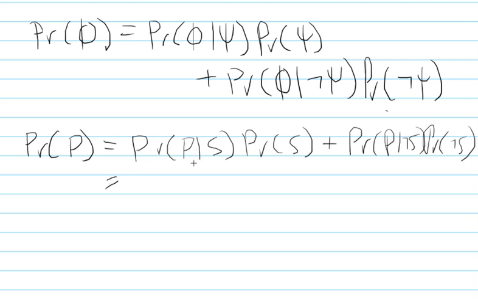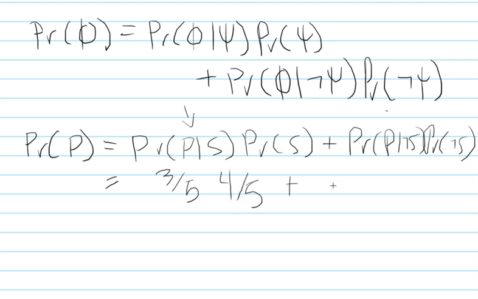From the question, we're given the probability of him passing if he studies, 3 over 5. We're given the probability of him studying, 4 over 5.